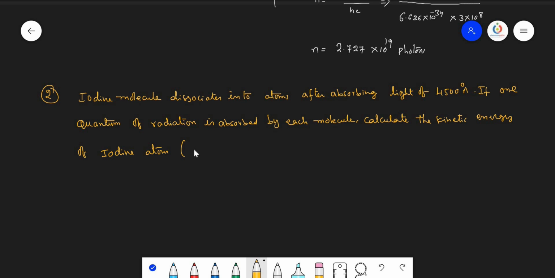So, bond energy of I2 molecule is 240 kilojoule per mole. So, this is the question.